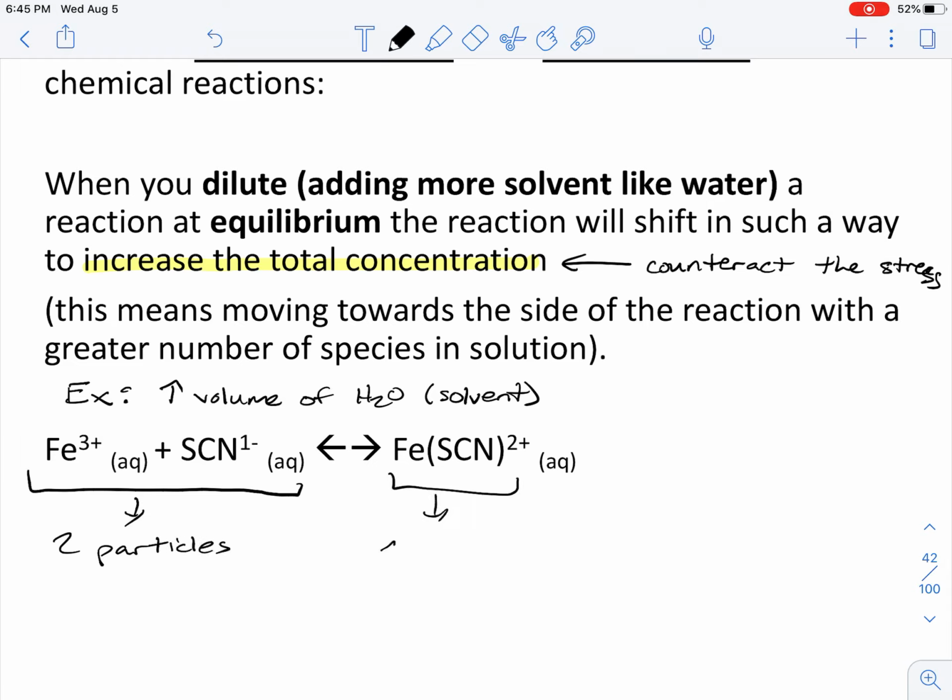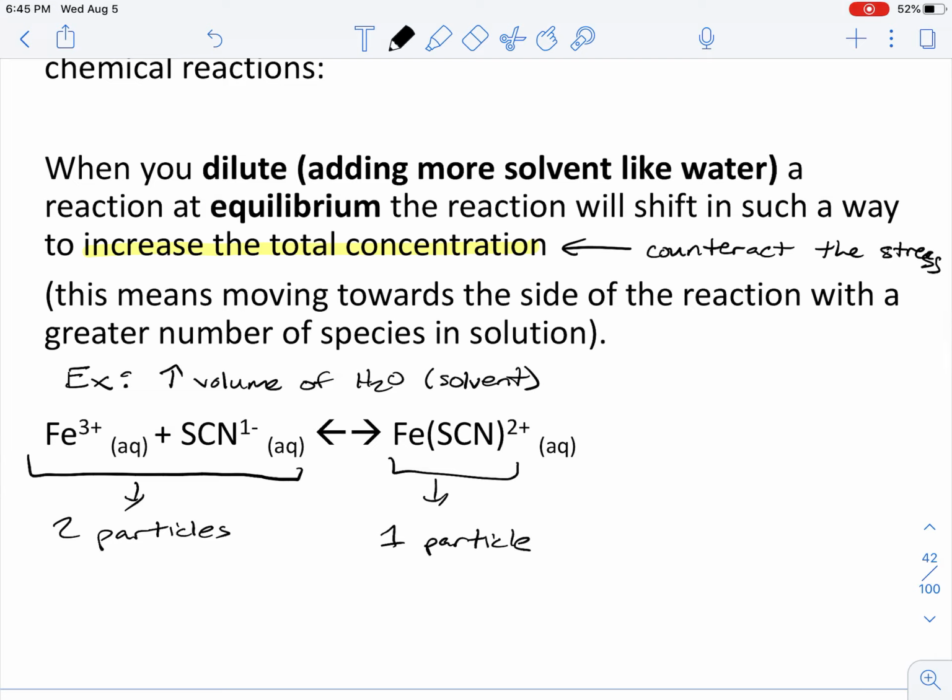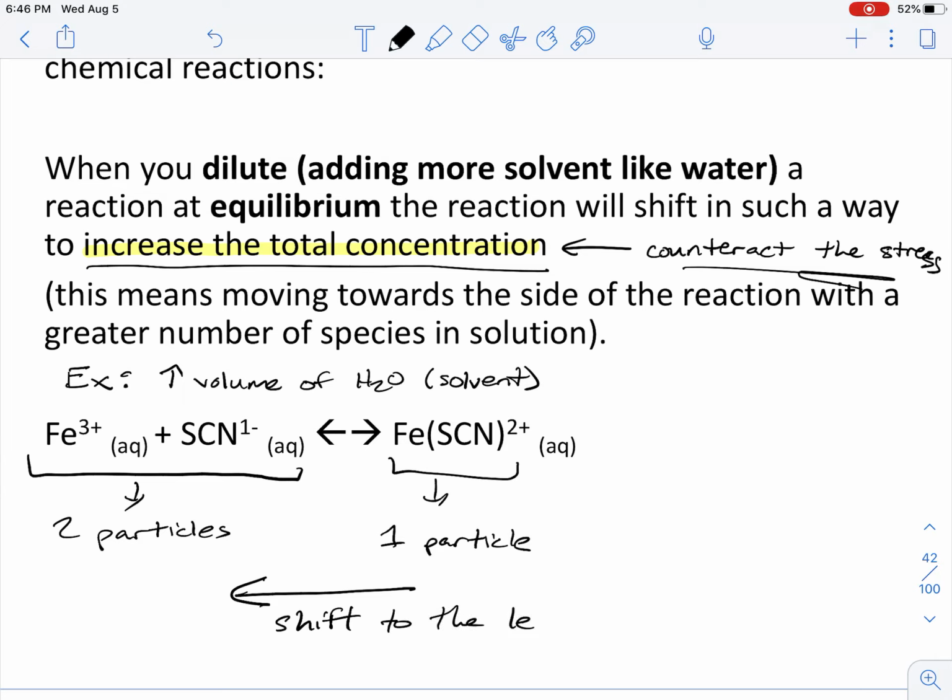We have 1 particle. And so to increase the total concentration to counteract the stress, the equilibrium will shift to the left. Okay.